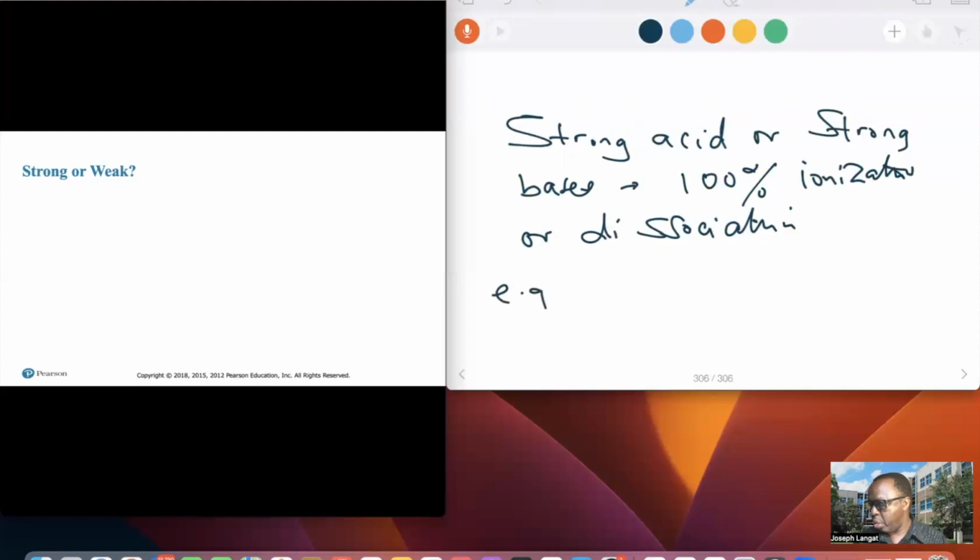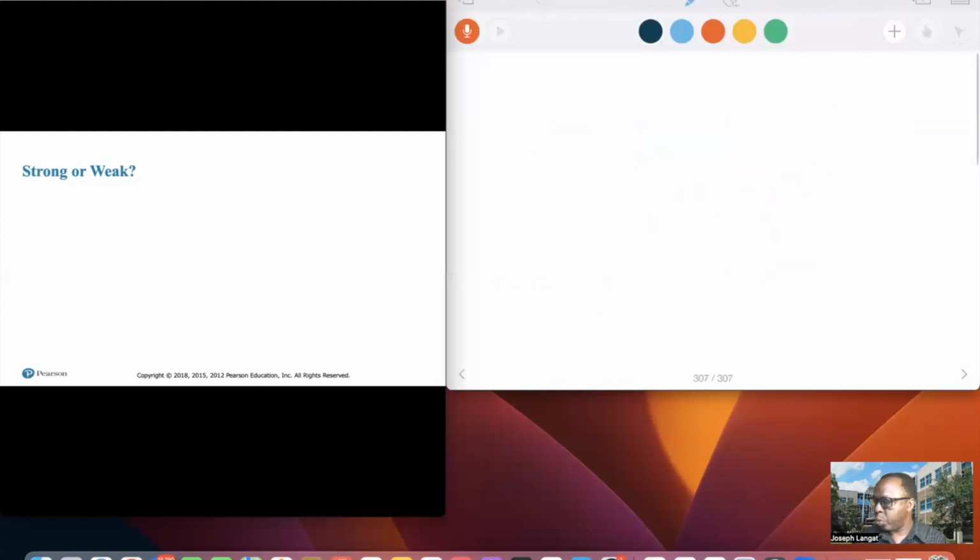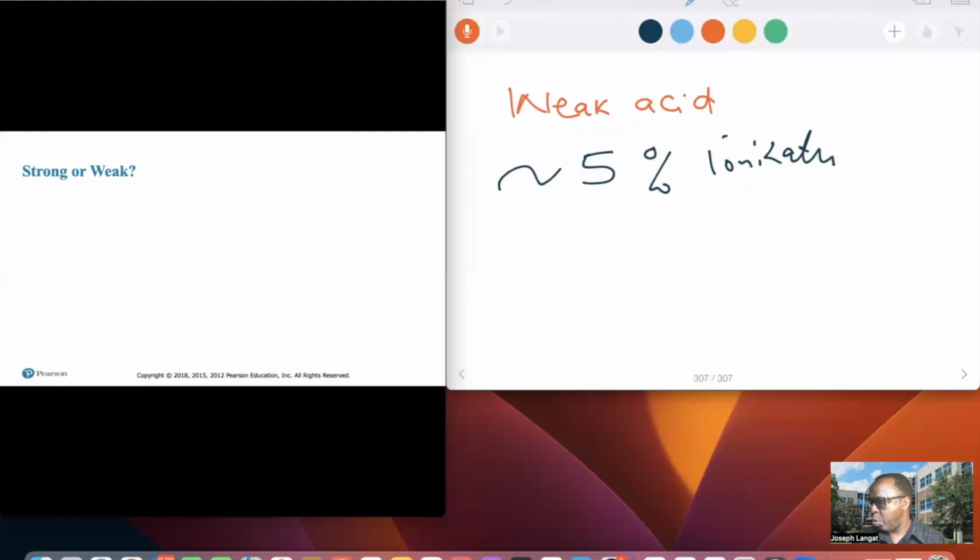E.g., HCl can ionize 100%, or NaOH for a base, 100%. Whereas weak acid is about 5% ionization. What we mean by ionization is how many hydrogen ions can be produced.